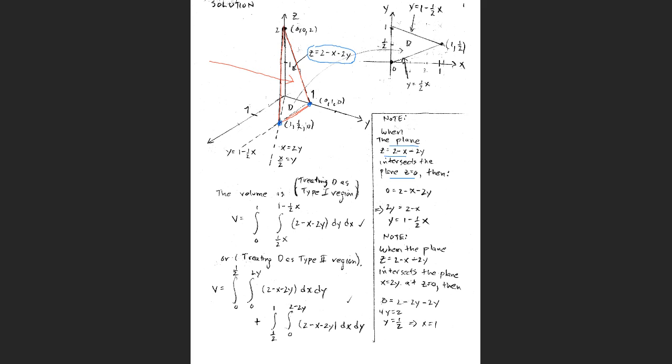Where those two planes intersect each other, the z values are in common between the two planes.